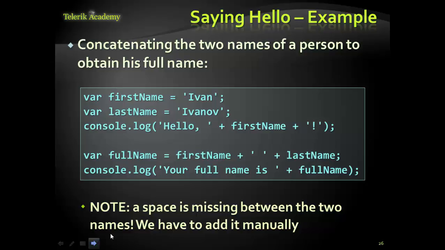We have an example of 2 variables. They're both defined as strings. And we are concatenating an actual literal string to a variable which contains a string and to another string, so that we can build our strings like that.